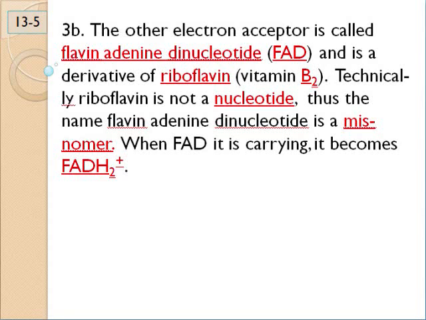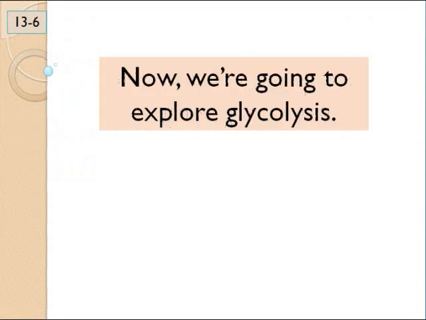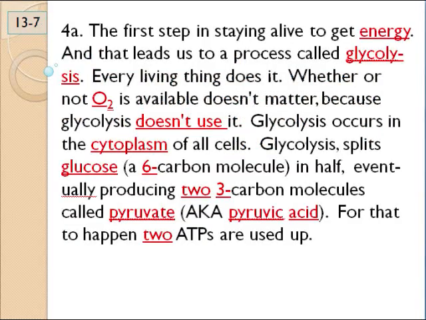Your two biggest capturers are NAD and FAD. You're going to see them in detail later on. Now, the next part of the PowerPoint is going to talk about just one thing, glycolysis. Every living thing, I don't care what your metabolism is, does glycolysis because it doesn't use oxygen. Okay, so let's talk about it.